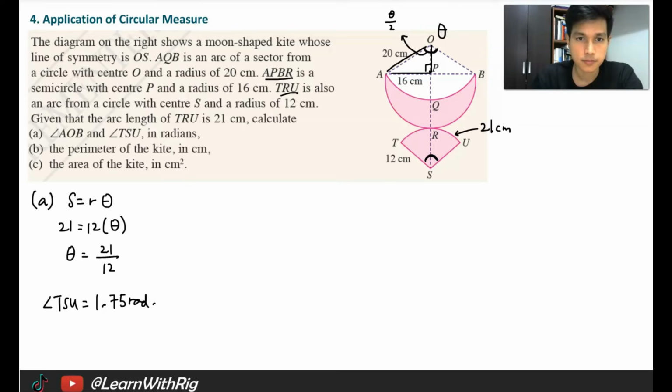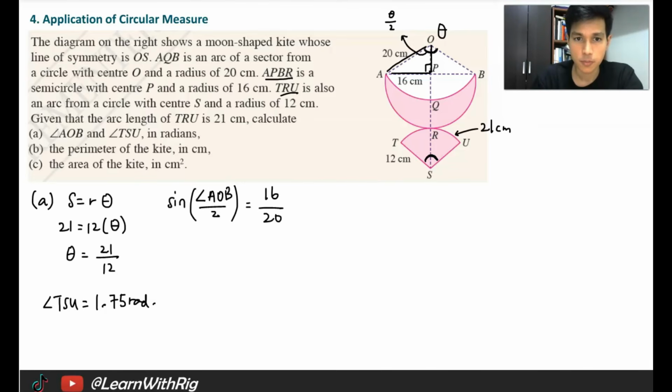Sine of theta over 2. I cannot use theta because it will overlap with the previous question, so I'm not going to use theta. Let's just use angle AOB over 2. Sine of this equals opposite, which is 16, over 20.